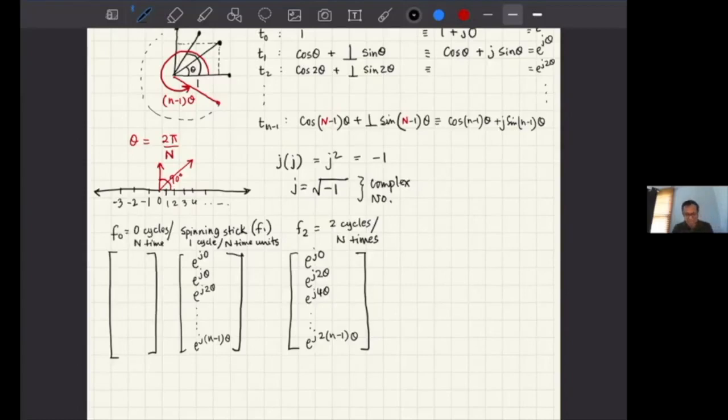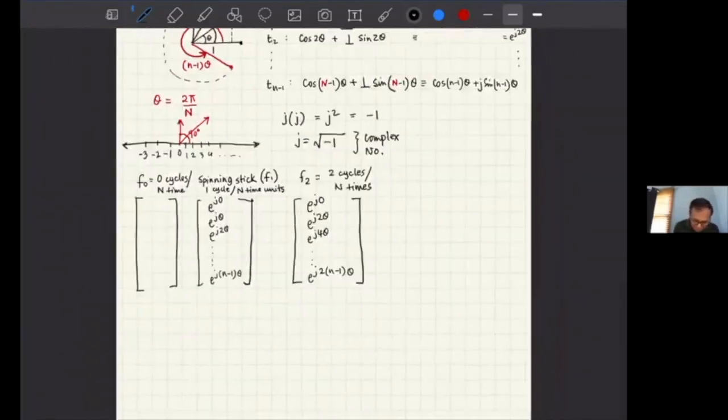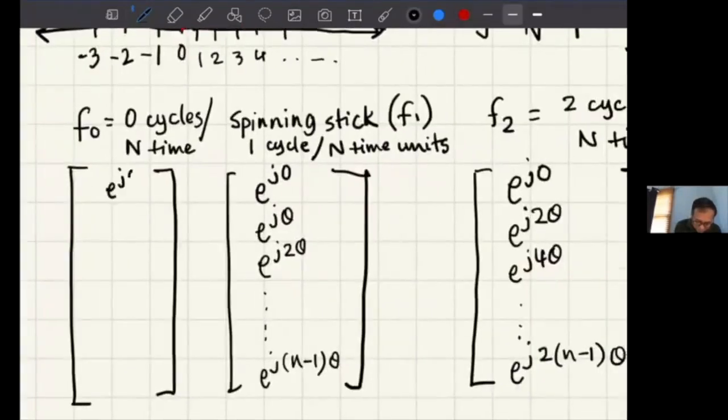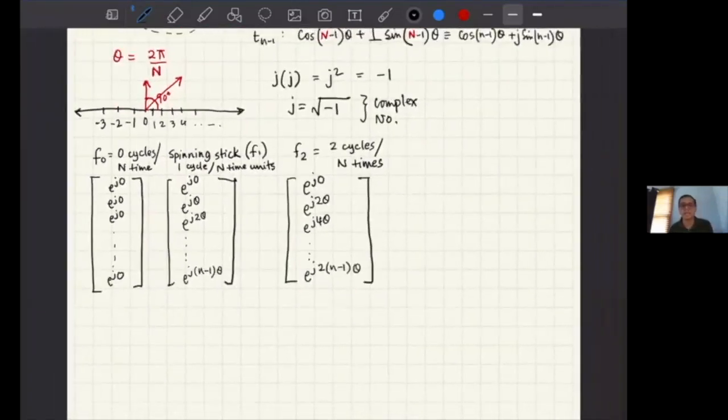Then I can express the stick as e to the power j0, e to the power j0, e to the power j0, all the way till e to the power j0, because the stick is static. And that's what we call f0, 0 cycles per n time units.